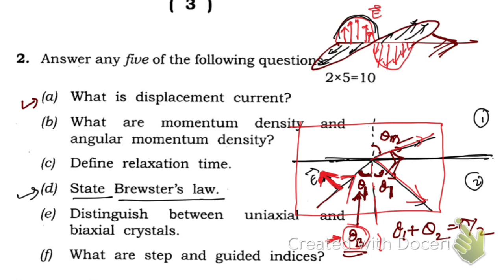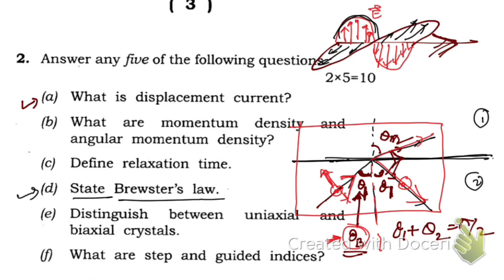Now if this E vector is perpendicular, that means perpendicular to the screen, then it will be reflected. If it is parallel, that means in the plane of incidence, then it will not be reflected. Okay, so hope you have understood this.